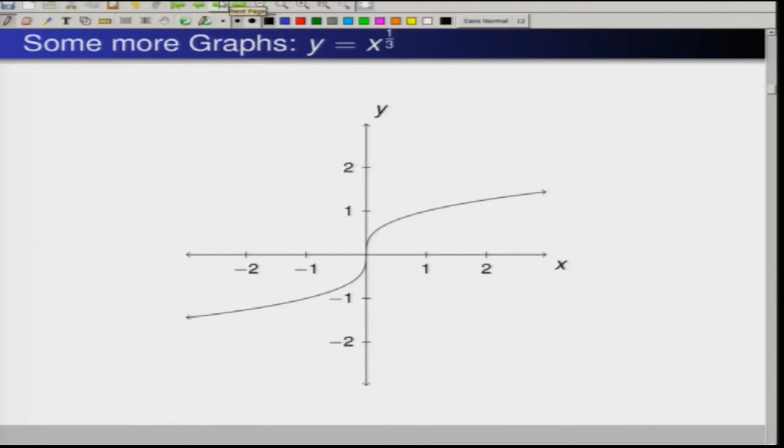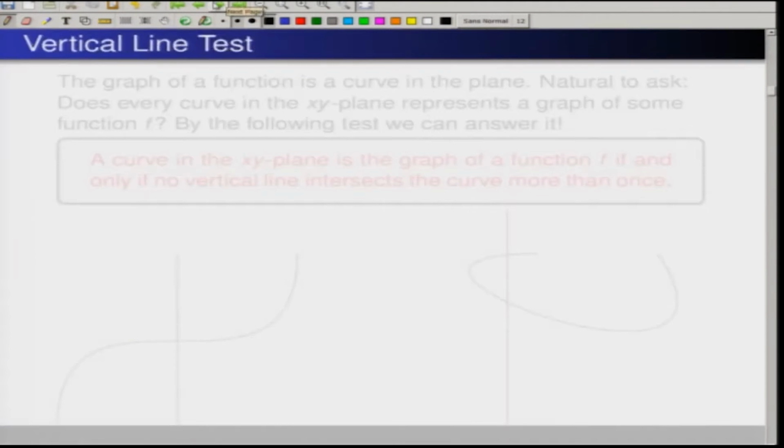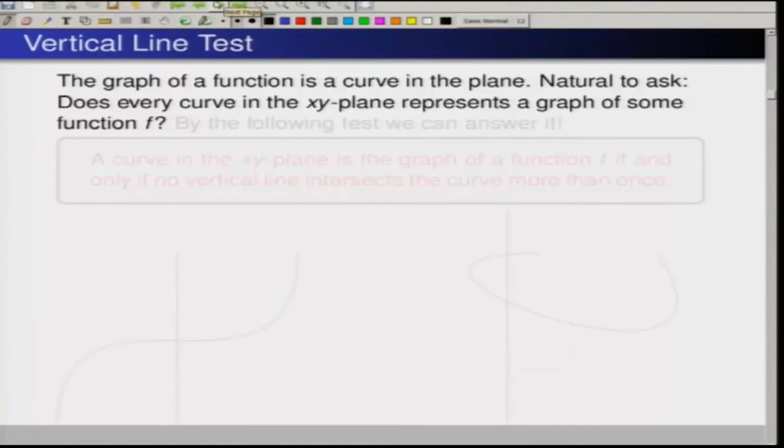Now, what we have seen is that the graph of a function is going to be a curve in the plane. The natural question to ask is: if I give you a curve, is it necessarily true that there is a function f such that the curve I had given you is the graph of that function?